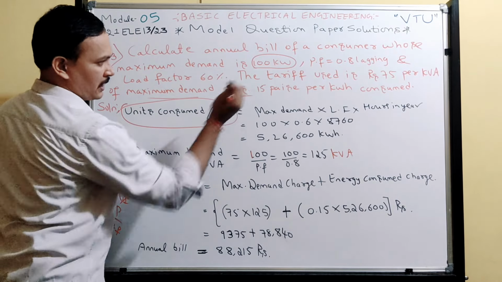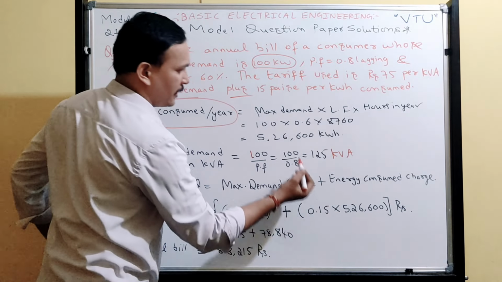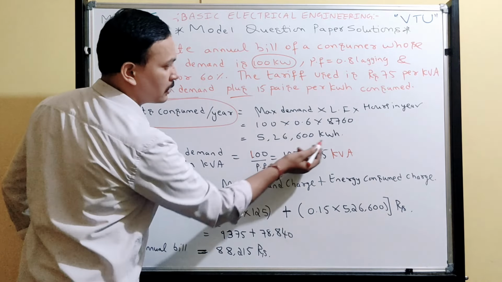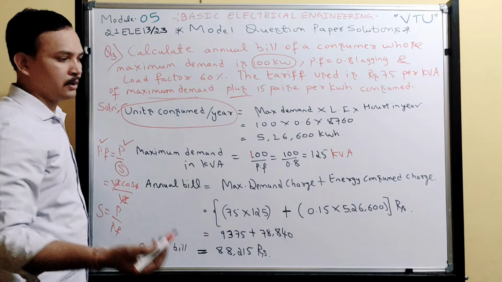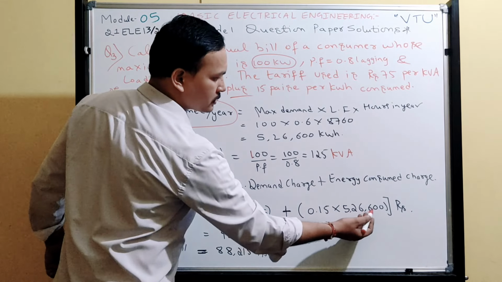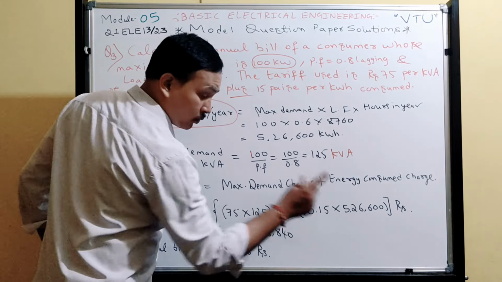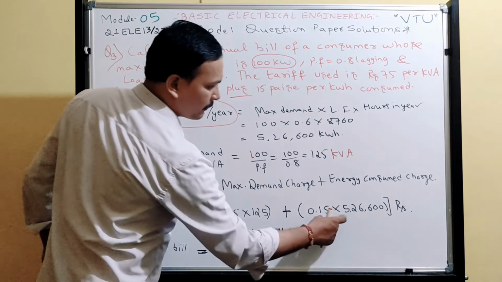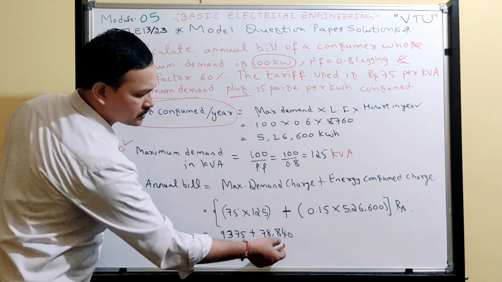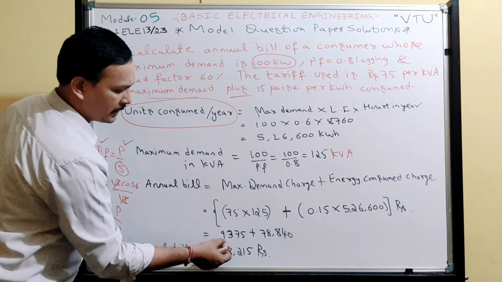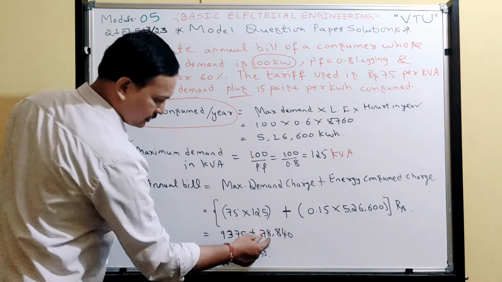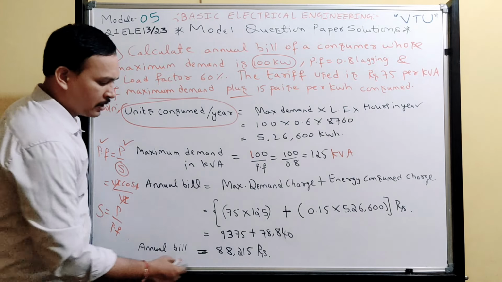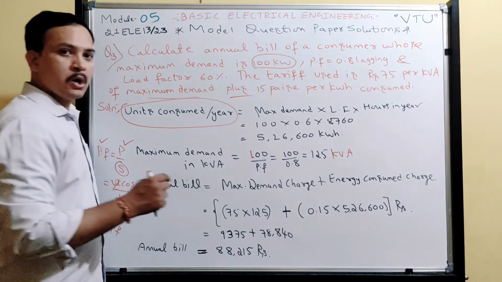Plus 15 paise per kilowatt hour consumed. How many kilowatt hours are consumed in the entire year? 5,26,600. For that, 1 kilowatt hour cost is 15 paise. So multiply this into this, you will get 78,840. This into this, you will get 9,375. Add these two, you will get the total electricity bill for 1 year. Annual bill is 88,215 rupees.